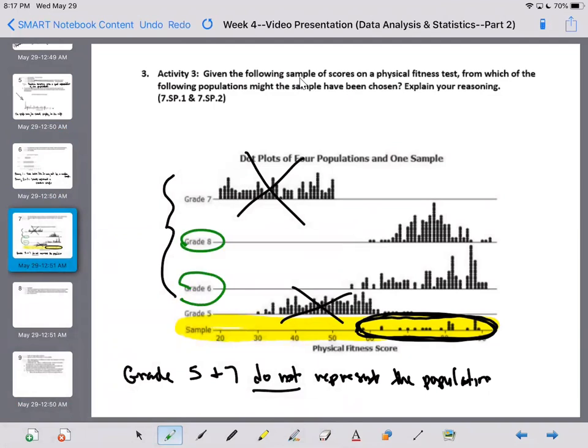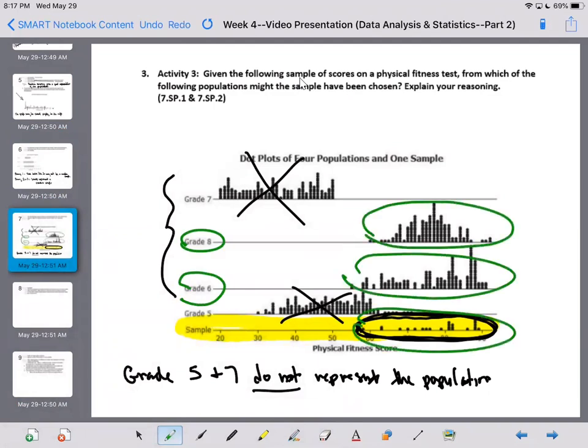Notice where most of the data is here and most of the data is here. Look how that kind of matches up with the sample. So we would say that grade 6 and 8 would represent the population of that given sample.